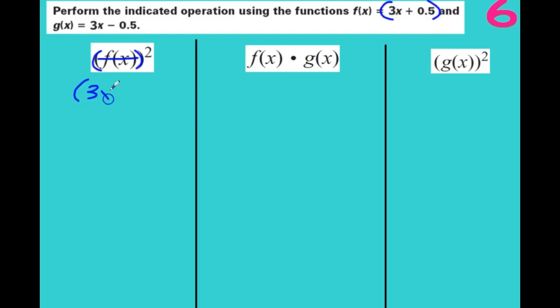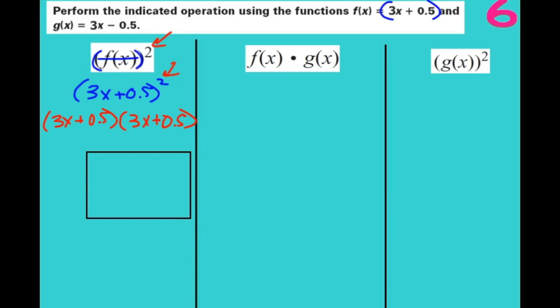It says 3x plus 0.5 squared. So the squared tells me I need to write this 2 times. So I have 3x plus 0.5, 3x plus 0.5. I wrote it 2 times. Now that I see I have 2 terms by 2 terms, I'm going to make a rectangle or a box to multiply.